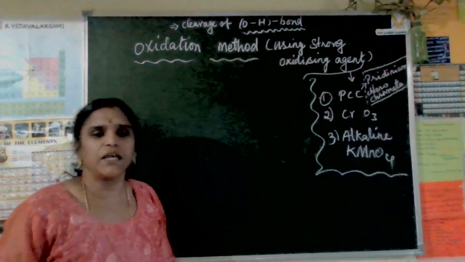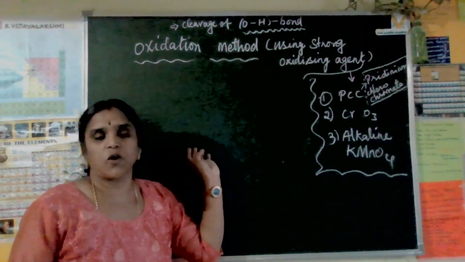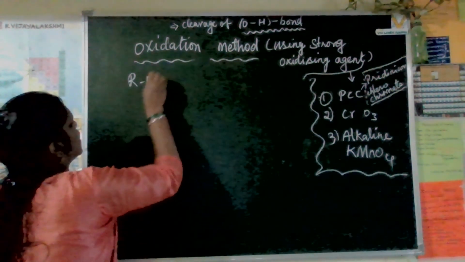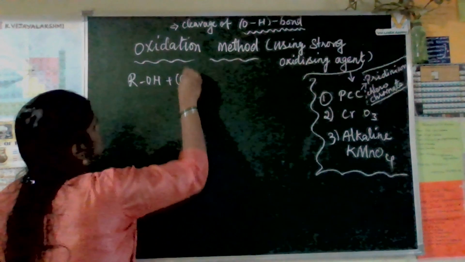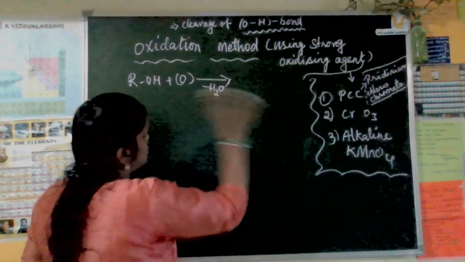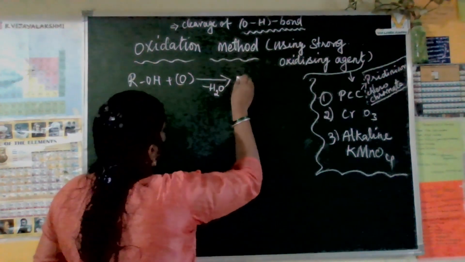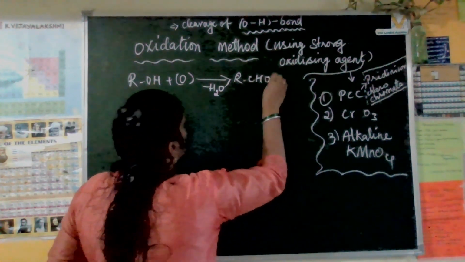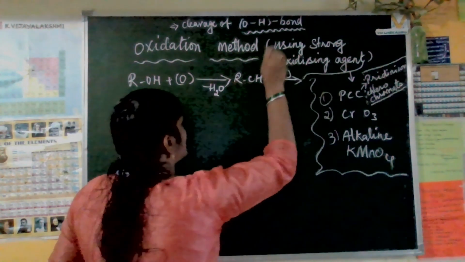So these are the three strong oxidizing agents we use. Now generally ROH with the oxidation method, you get minus H2O. That means we are removing water molecules. So here you get RCHO. Further oxidation, this is the general one.